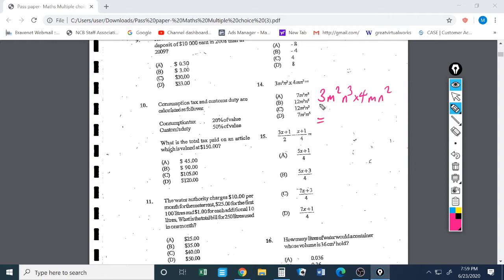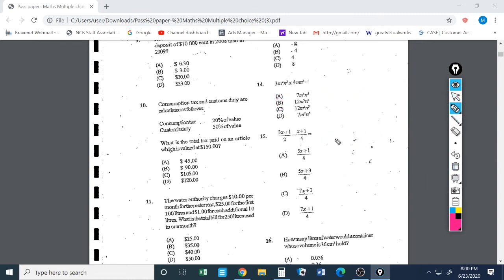The first thing we want to do is multiply the numbers. So we're going to get 3 times 4, which is 12. And m squared times m would give us m to the 2 plus 1, and n to the 3 plus 2. So we're going to end up with 12m cubed n to the 5. And that's the answer, guys. And the answer is actually B. So B is the answer. Okay, guys?